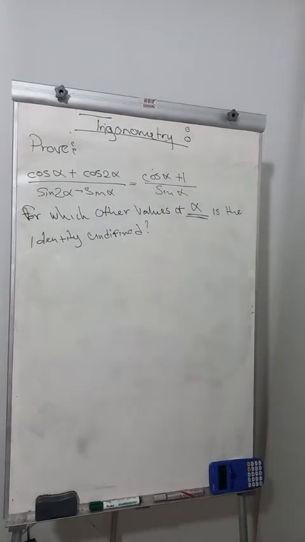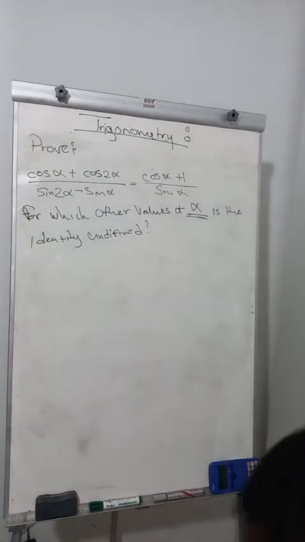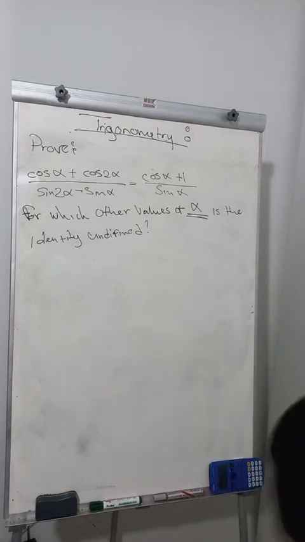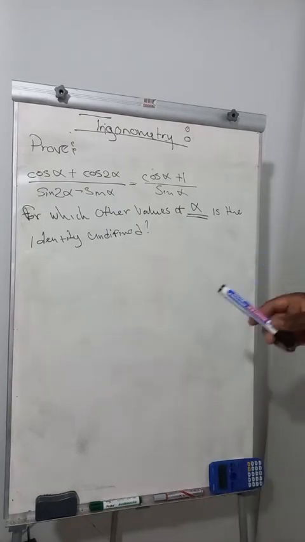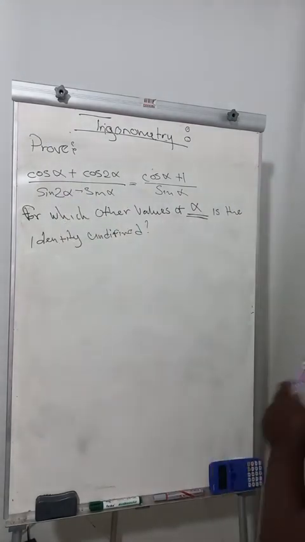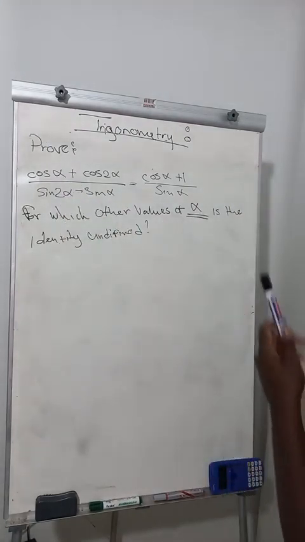So now, if you get a question like this, and it says for which other values of alpha is the identity undefined, it means you need to check something. You can use this one or you can use this one, but all of them will give you more like the same answer.